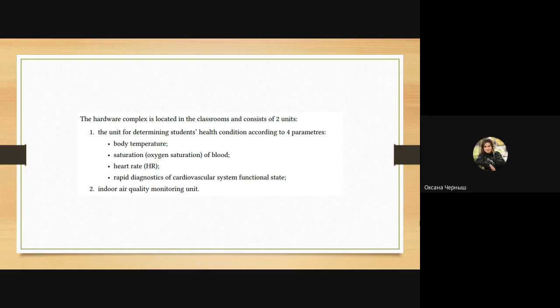It presupposes the use of sensors of registration of a photoplethysmographic curve, which describes a pulse wave and defines the parameters of students' cardiovascular system functional state.